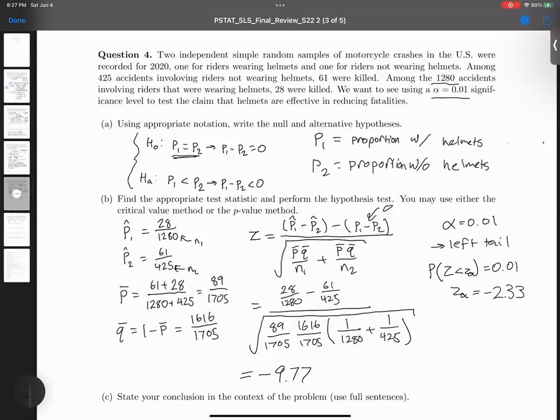And because this is a left tail test, negative 2.33 is right here. This area to the left is 0.01. And this is the rejection region.